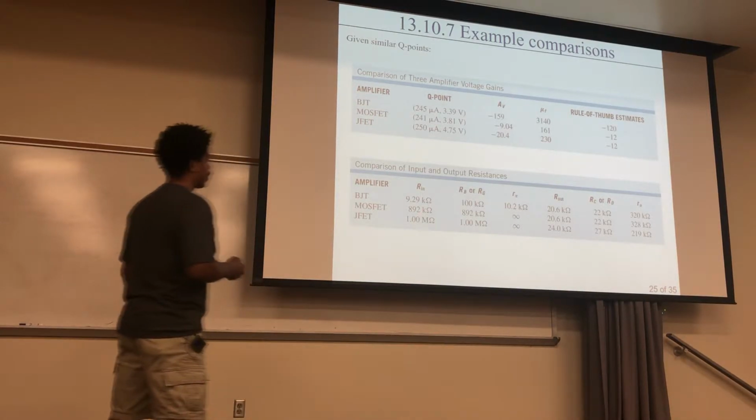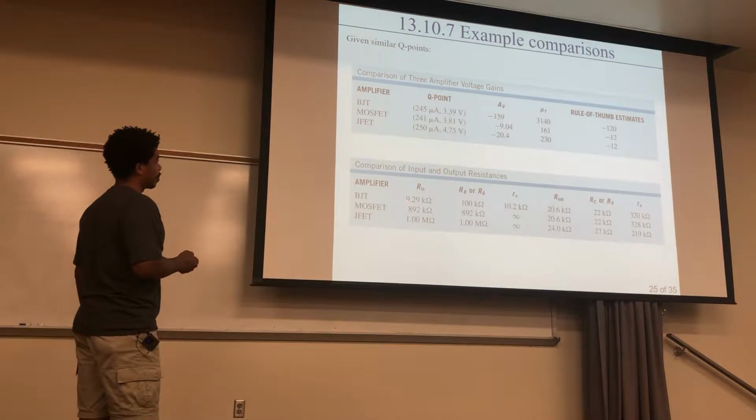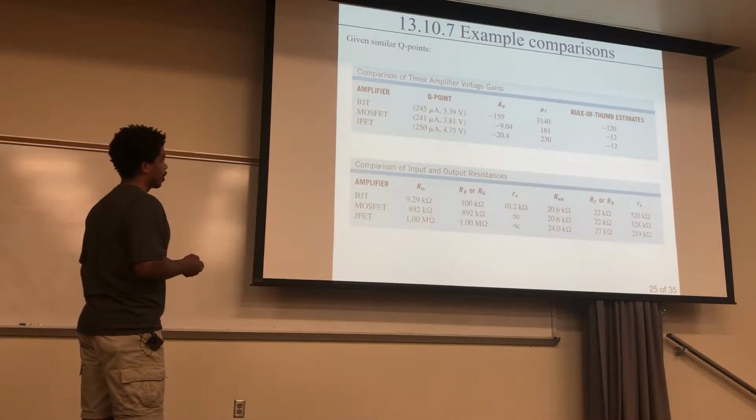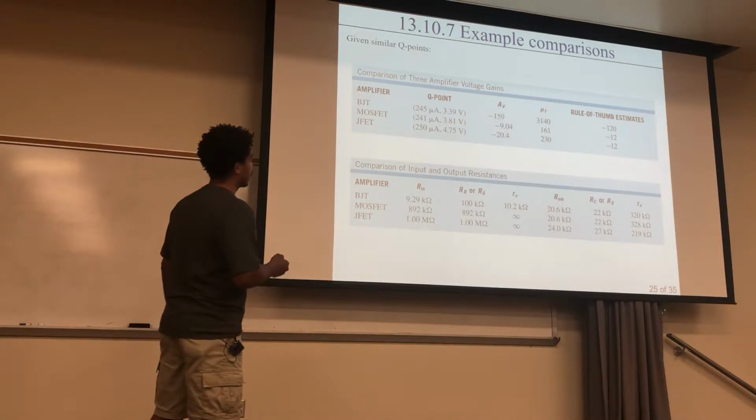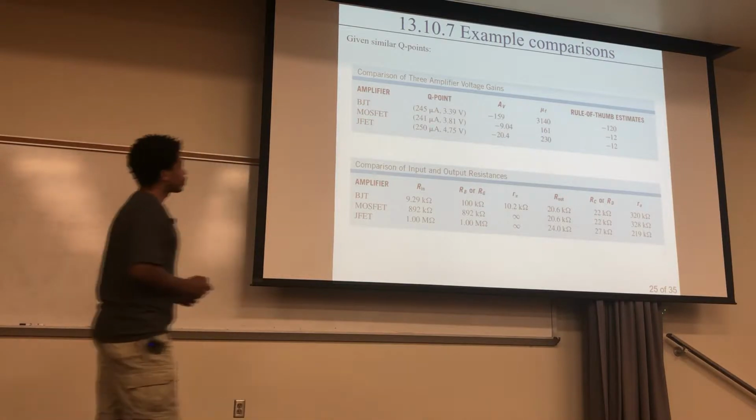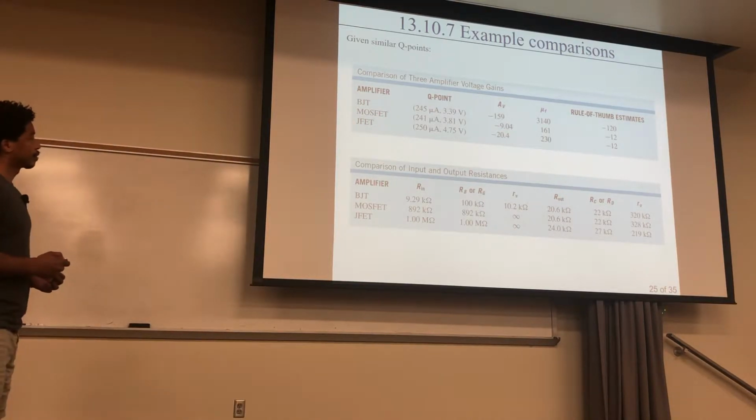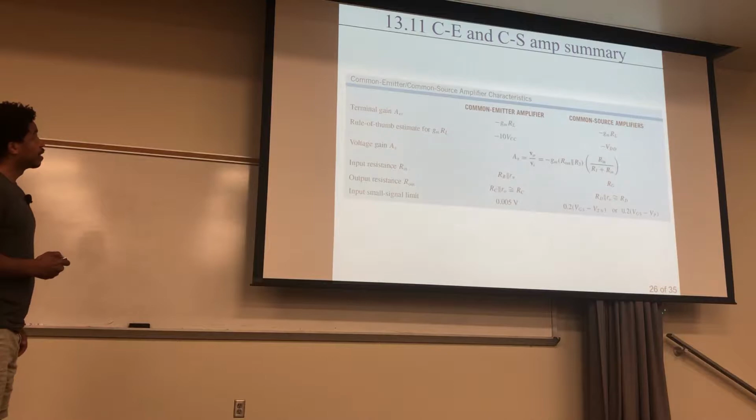Your inputs vary greatly. It goes from 9K to 1 mega ohm. Same with these resistances right here. It goes from 100K to 1 mega ohm. So those are some typical values.